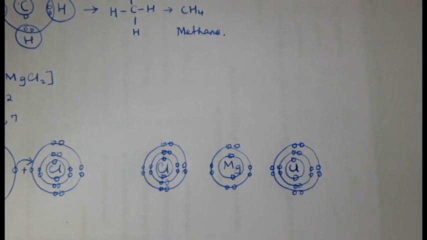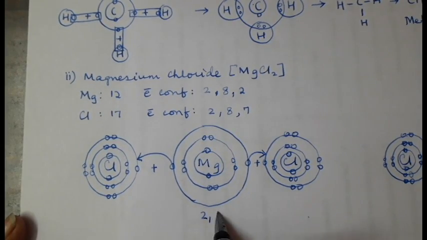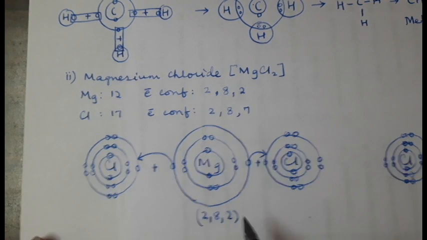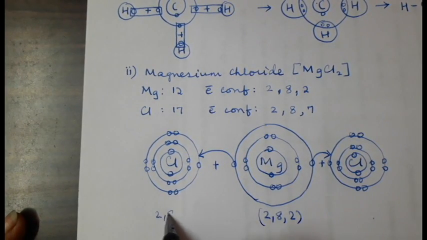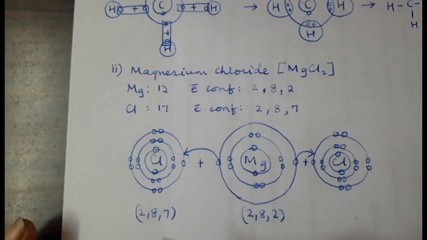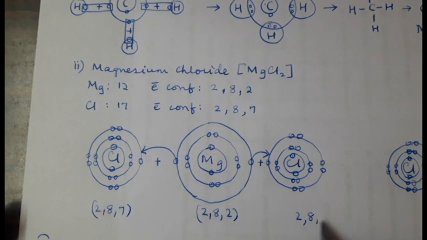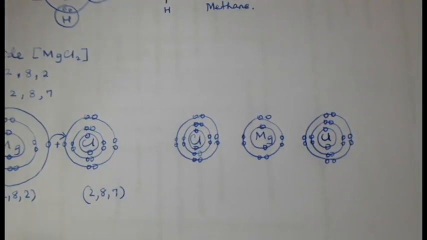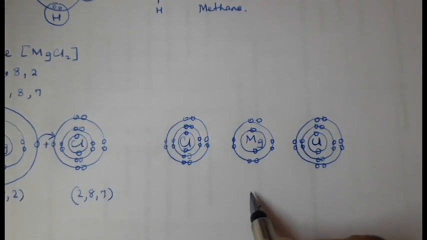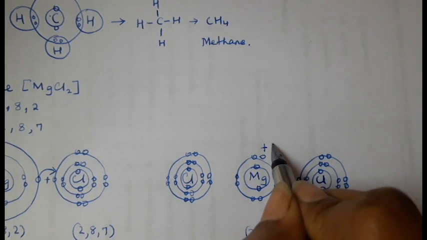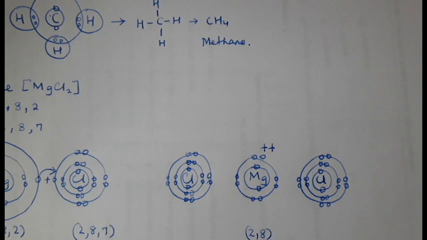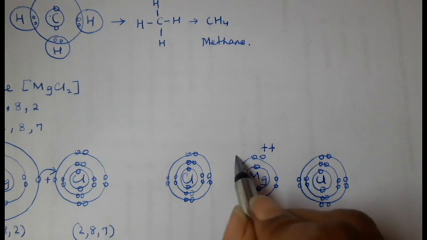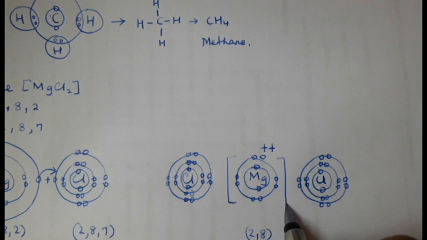8 electrons. Now out here you will see Mg was 2,8,2, chlorine was 2,8,7, this chlorine also 2,8,7. This is the electronic configuration, but as a result of transfer of electrons, Mg has become 2,8, and so it has become 2 plus ion, and I'll show it like so.